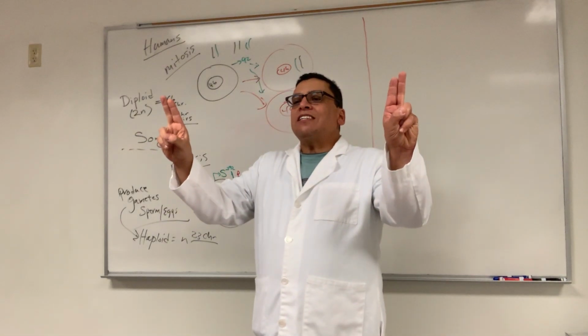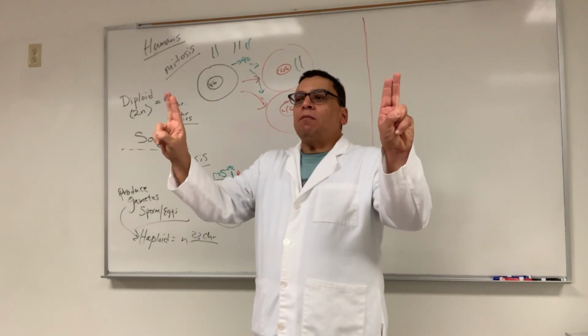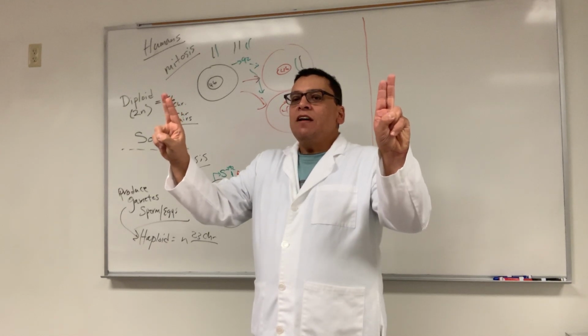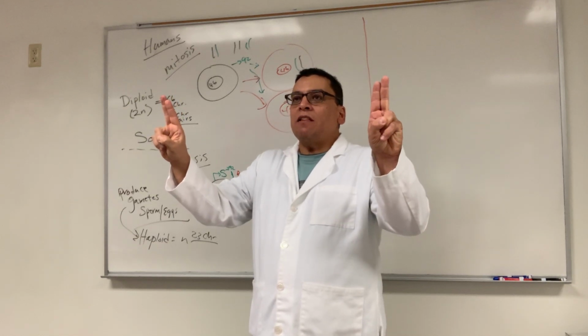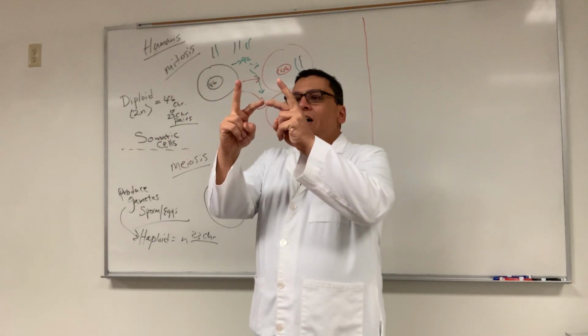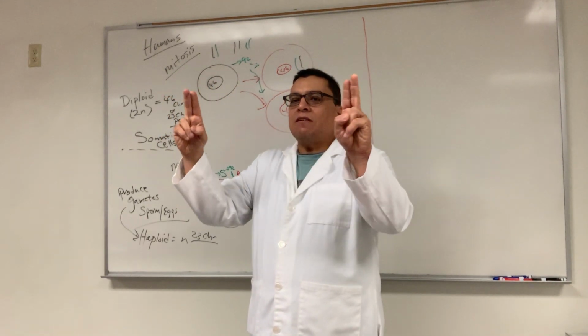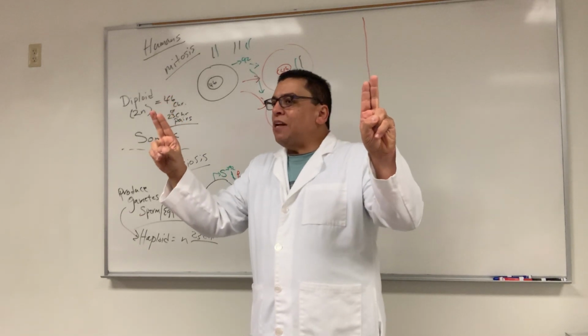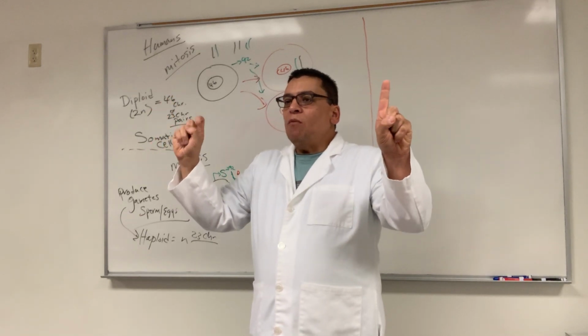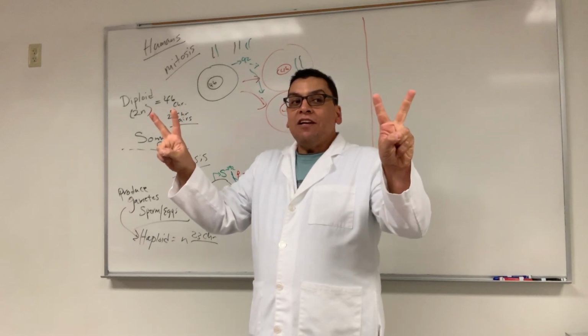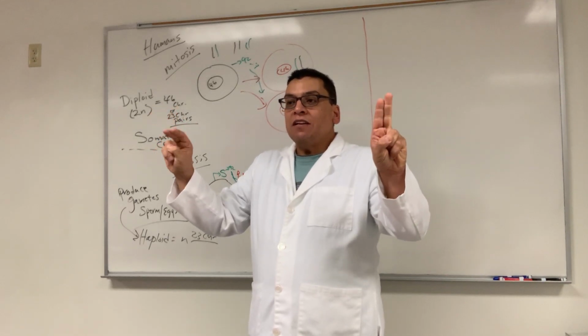Now watch this. At this stage, look up here please. These are sister chromatids of each other. Do you agree? These are sister chromatids of each other. But these are non-sisters. And these are non-sisters. Let's do it again. Dad's chromosome 1, mom's chromosome 1. When they duplicate in S phase, what did they create? Sister chromatids.